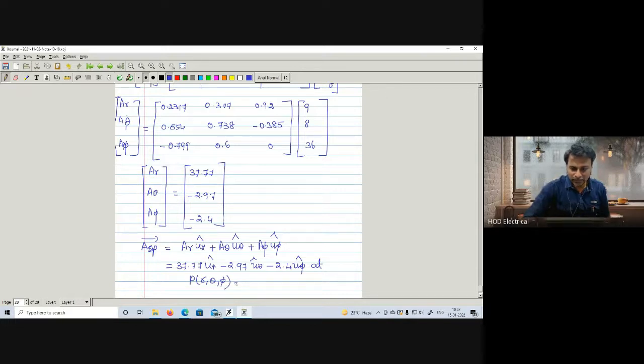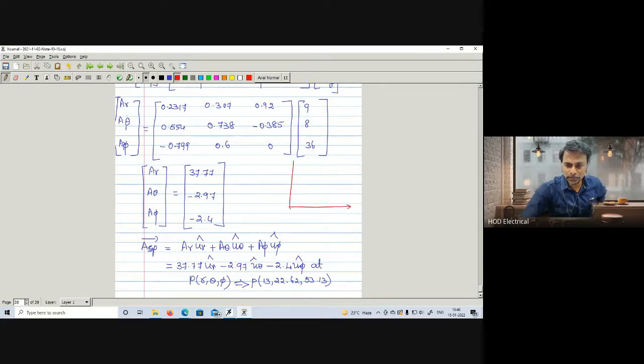Already we calculated this point as r equal to 13, theta 22.62, phi 53.13.